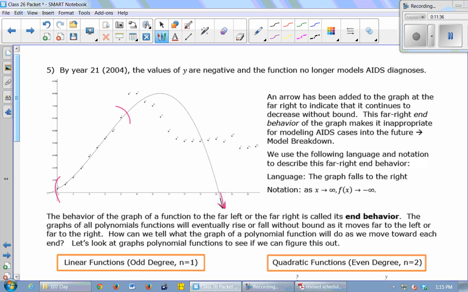So as your x's head out to the right, as your x's get really, really big, in this case, as time moves forward, after year 21, 22, 23, 24, as the years keep going on and on, this curve predicts that the number of AIDS cases will just get more and more negative. So we say as x goes to infinity, or as time goes to infinity, the number of AIDS cases goes to negative infinity. Doesn't make any sense, but that's the notation we use to describe it.